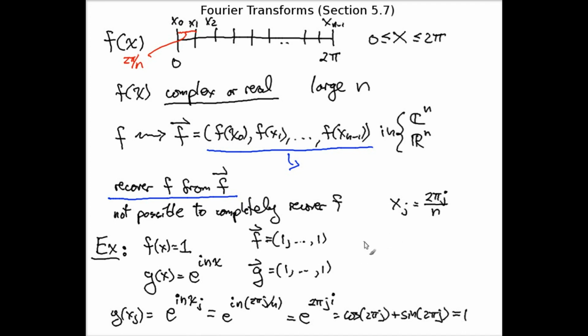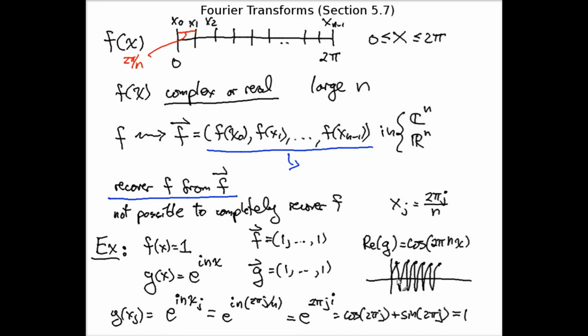The real part of g is equal to cosine of 2 pi n x, and that's a periodic function with period n, and we're sampling it at these points, and we're always getting 1.